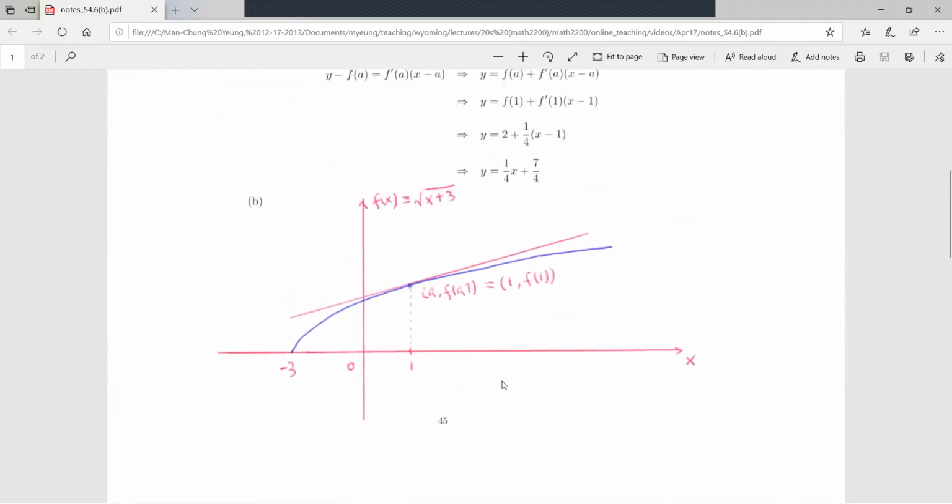Yes, this is the graph in part B. From this diagram, we can see that the tangent line is above the graph of the function f. So when we use the tangent line to estimate the curve, the estimate should be an overestimate.